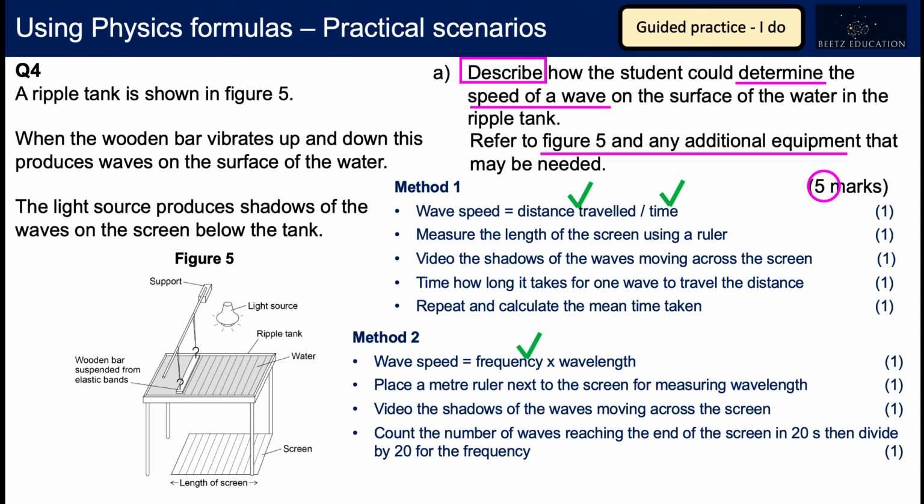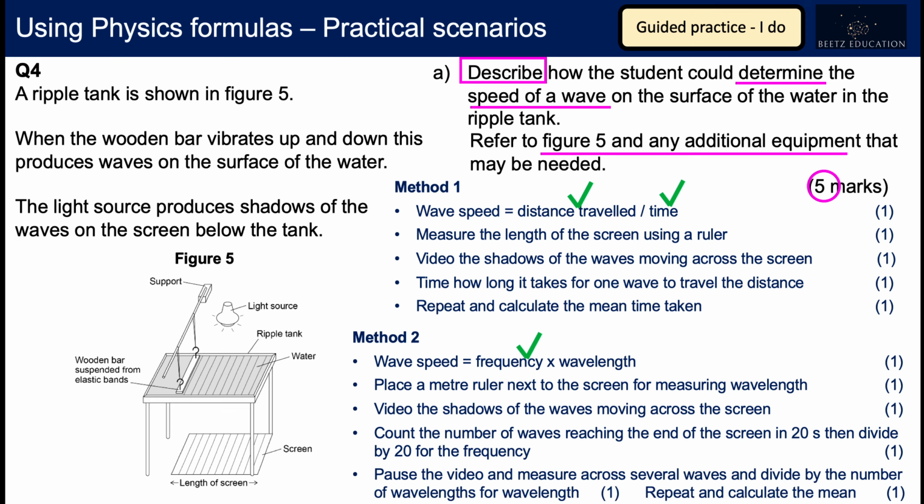Next, wavelength. Well, I've got my ruler there next to the screen. I've obviously videoed those waves moving across the screen. So I'm going to pause the video and I'm going to measure across several waves and divide by the number of wavelengths for wavelength. That's far more accurate than trying to measure the distance between one wave and the next for wavelength using the ruler.